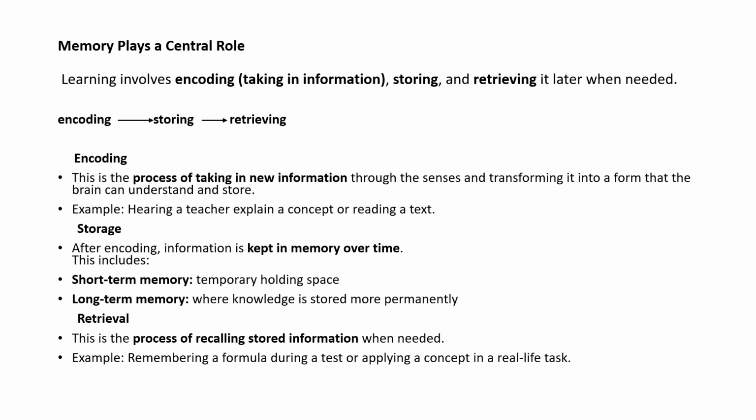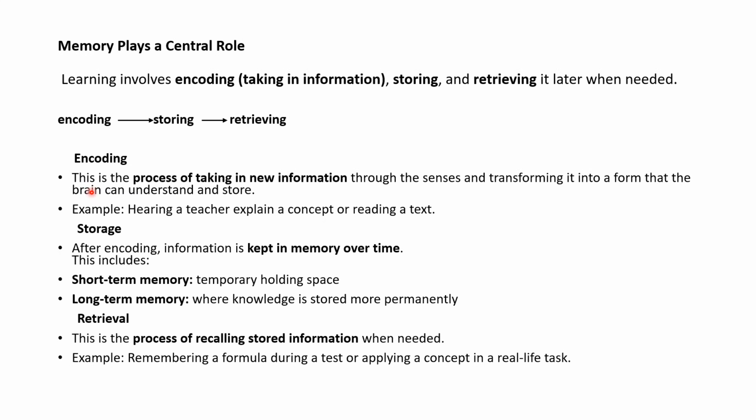Now, memory plays a central role in cognitive development. So it says that learning involves encoding, that is taking in information, and storing and retrieving it later when needed. So what is encoding about? Though I've said something about encoding over here, let's delve into it.